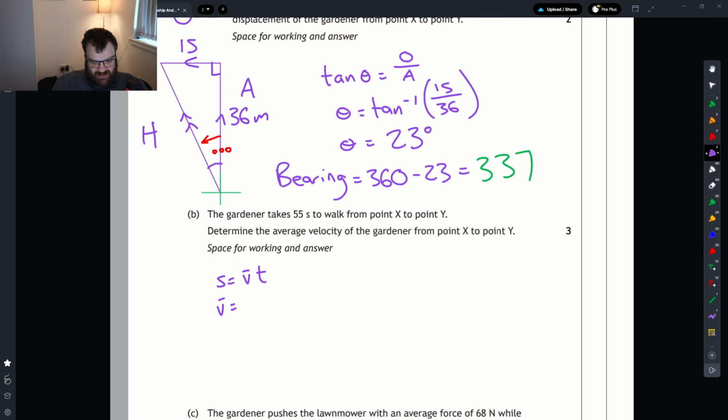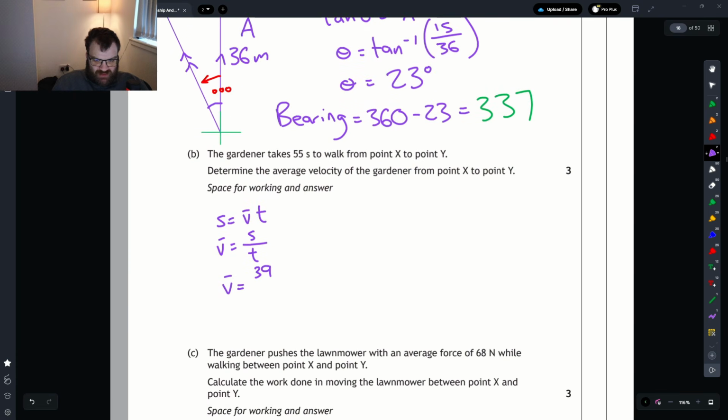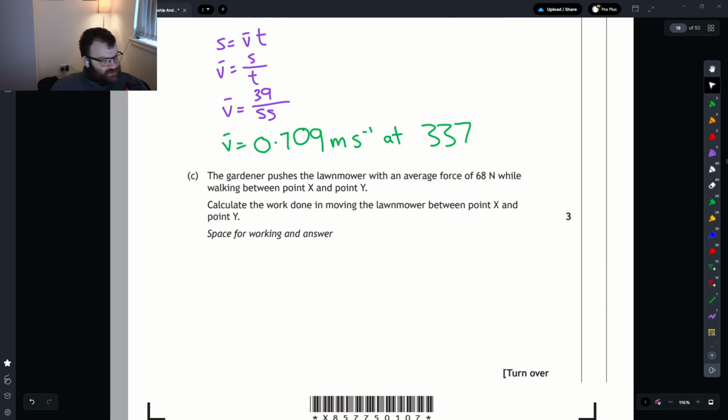So v bar equals displacement over time, which would be 39 meters from before over the 55.09, and that would be meters per second at 337, just like that.